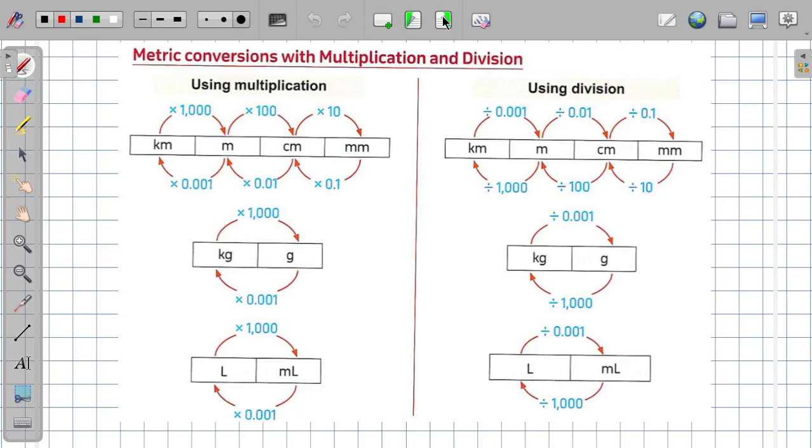You can use multiplication to convert between two units, or you can use division to convert between two units.